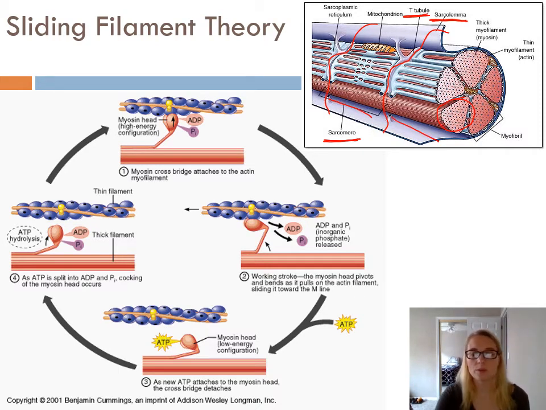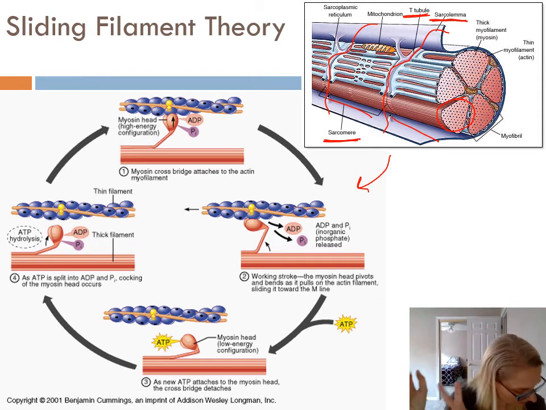Okay, so in this picture, let's just zoom way in to just one interaction between a thick filament and a thin filament. Okay, so those little myosin heads that we saw.